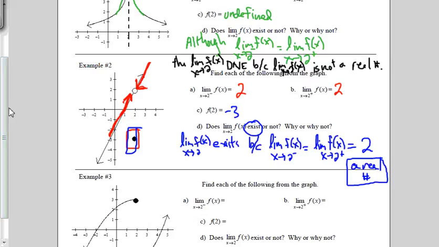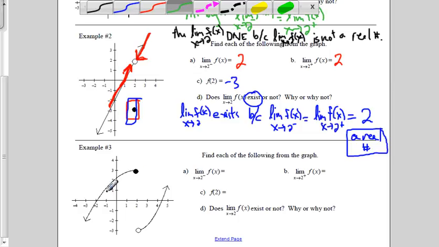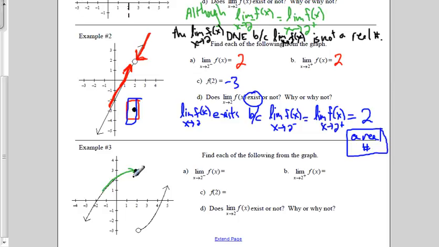All right, and let's look at the third example. Find the value of this function as x approaches 2 from the left, and as x approaches 2 from the right. As I approach 2 from the left, it equals 3. As I approach 2 from the right, it equals negative 3.